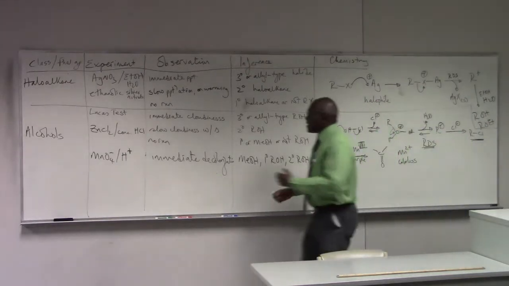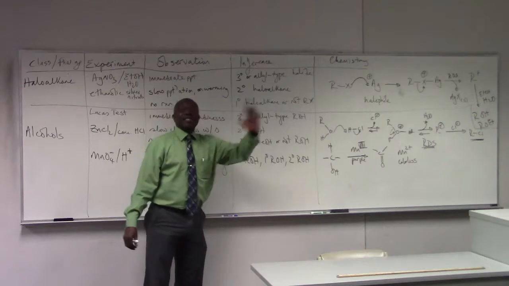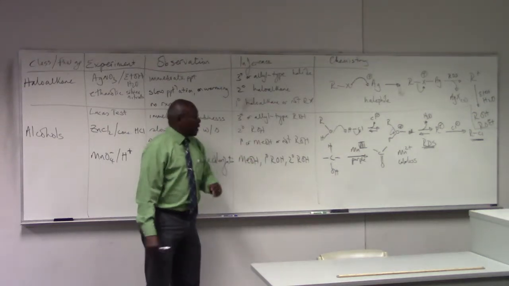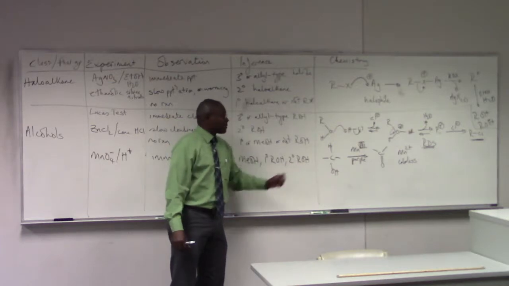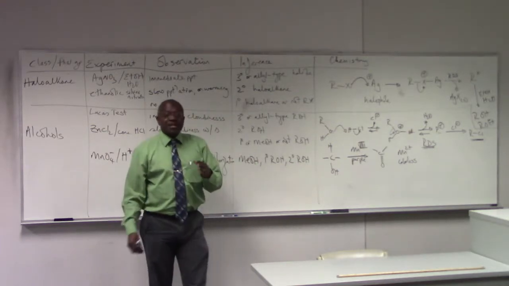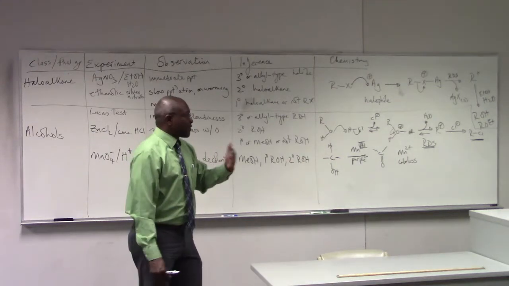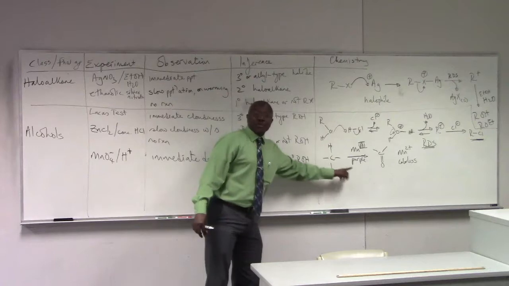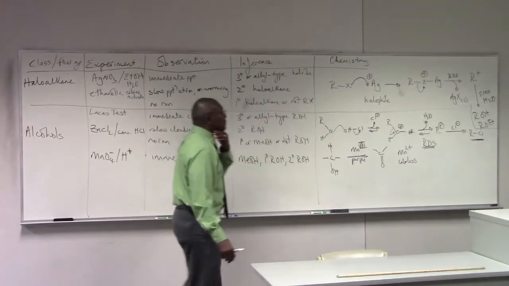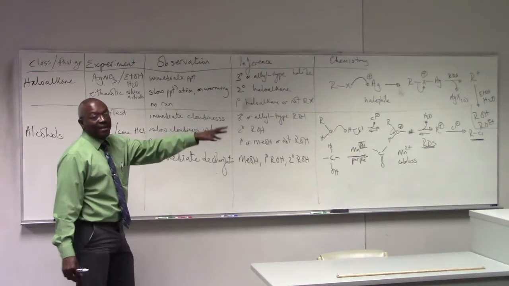So if I see immediate decolorization, it implies I have an oxidizable alcohol, what's called a reducing alcohol: methanol, primary alcohol, secondary alcohol. If I don't see that reaction, either it's not an alcohol or it's a tertiary alcohol, because tertiary alcohols are not oxidizable. They don't have this substructure, the carbinol H.